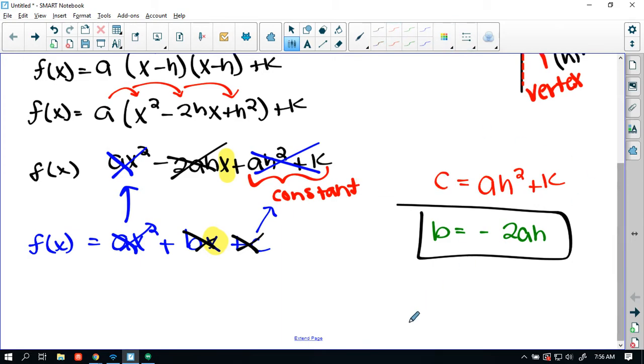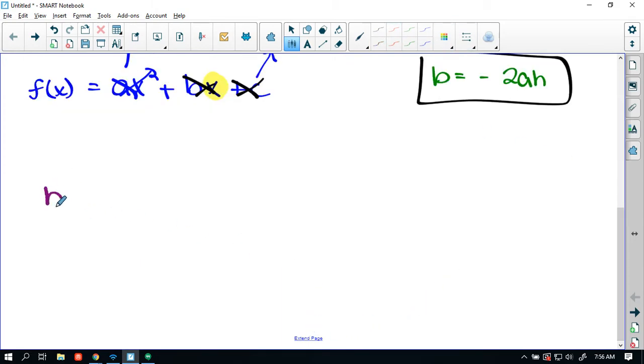I have b equals negative 2ah. And again, do you have to go through this whole process to find this? No. What this example is doing is producing a formula for you to use every time so that you can find h easily.